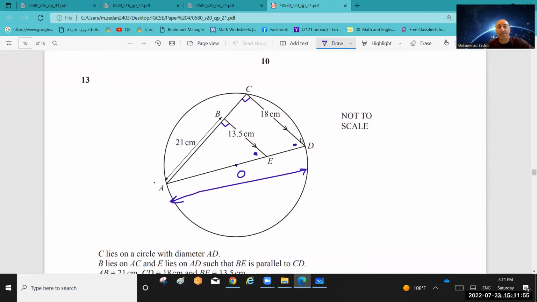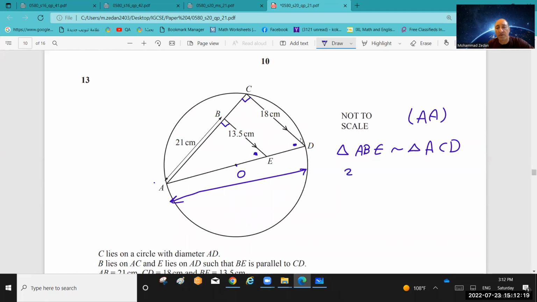So this right triangle, I can find BC first, and then we can apply the Pythagorean theorem: AD squared is CD squared plus AC squared. For example, triangle ABE is similar to triangle ACD by the angle postulate, so their corresponding sides are proportional.